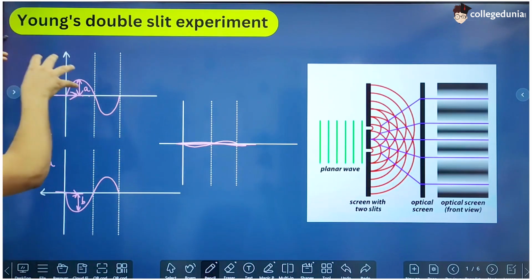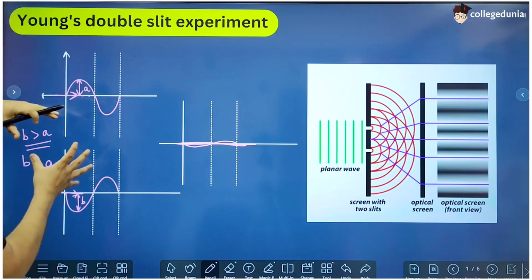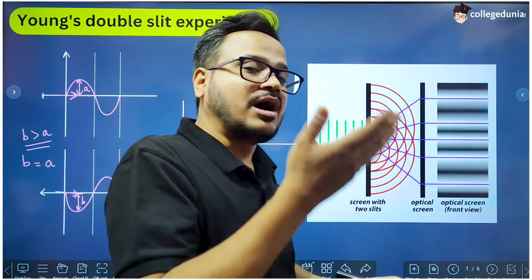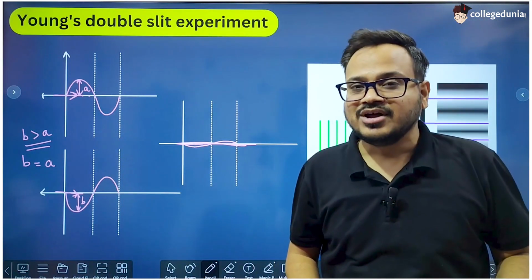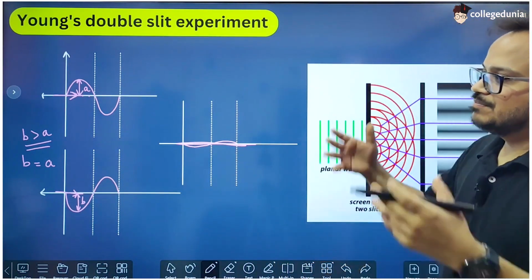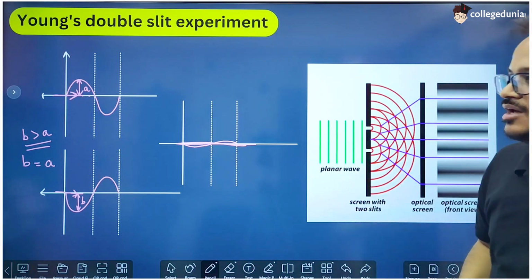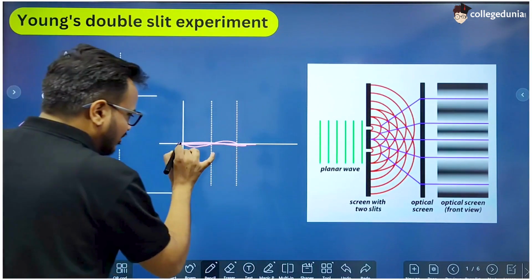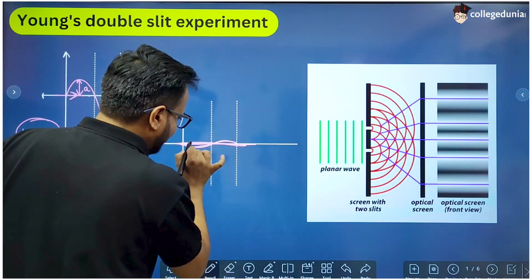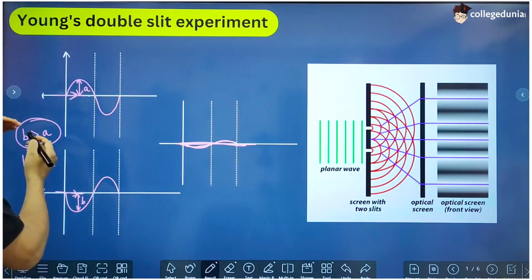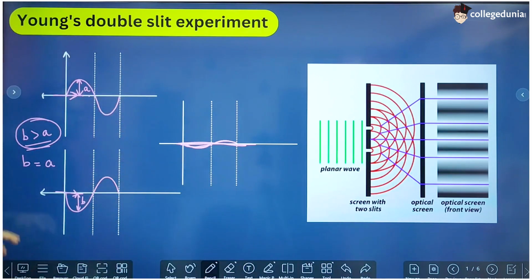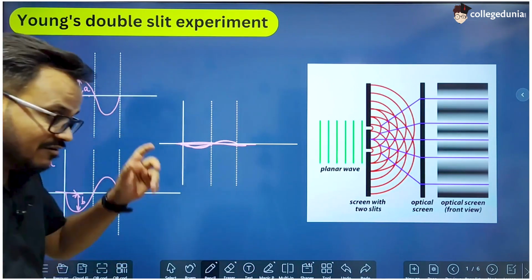Now what happens if these two disturbances reach simultaneously at this particular point? One will tell the particle to go up and the other will tell it to go down. So who will win? The disturbance with more energy will win, right? That's why we are saying that if B is greater than A, there will be a small part left here. Otherwise, if A and B are equal, there will be no wave. So this is called the interference of waves.